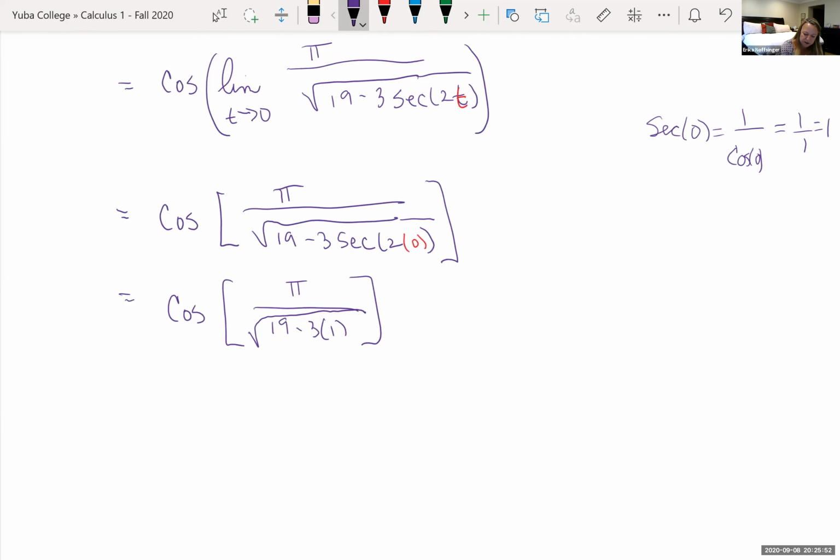So this gives me cosine of pi all over the square root of 19 minus 3, that's 16. Square root of 16 is 4. So we have cosine of pi fourths. Cosine of pi fourths is root 2 over 2.